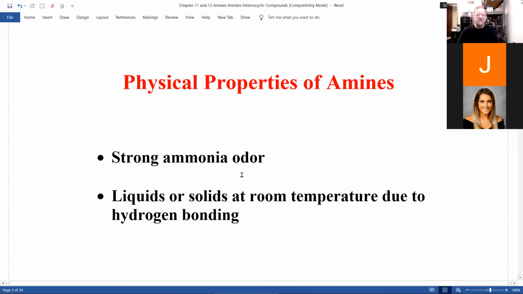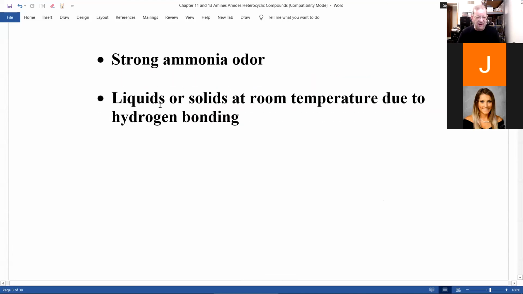All right, switches off. Properties of amines. The smaller ones have a very strong ammonia odor, and most of them are liquids or most are solids at room temperature because of hydrogen bonding.